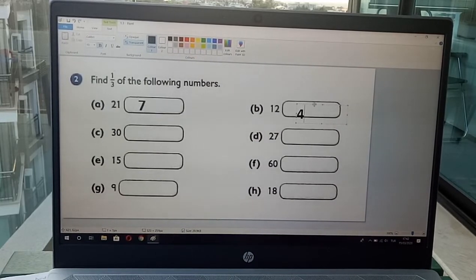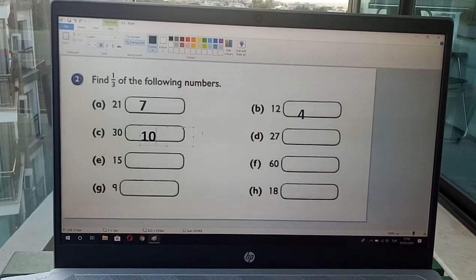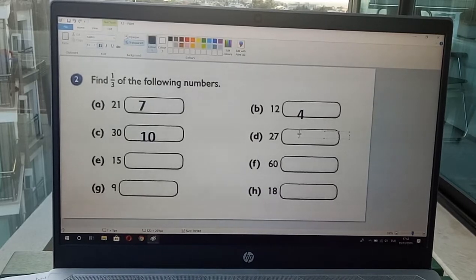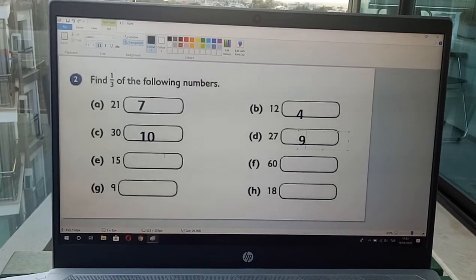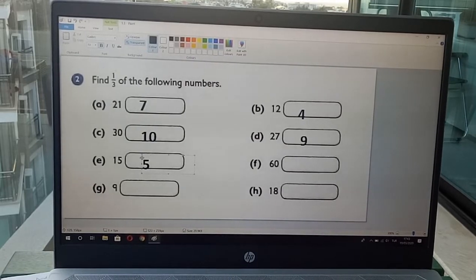For letter C, 1/3 of 30 is 10. Letter D, 1/3 of 27 is 9. Letter E, 1/3 of 15 is 5.